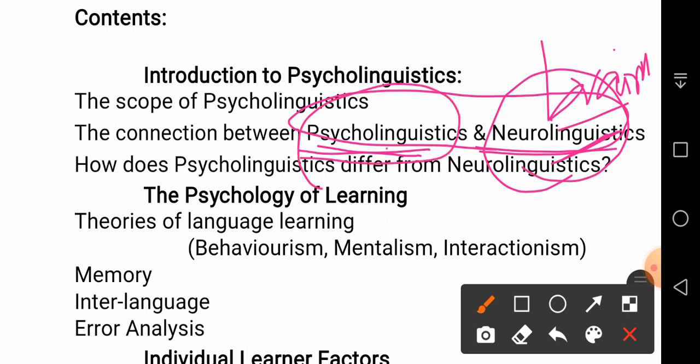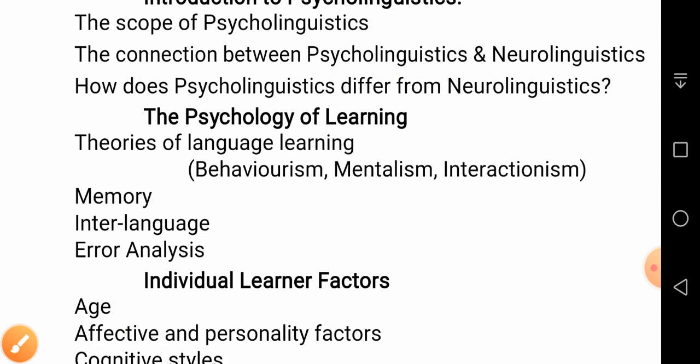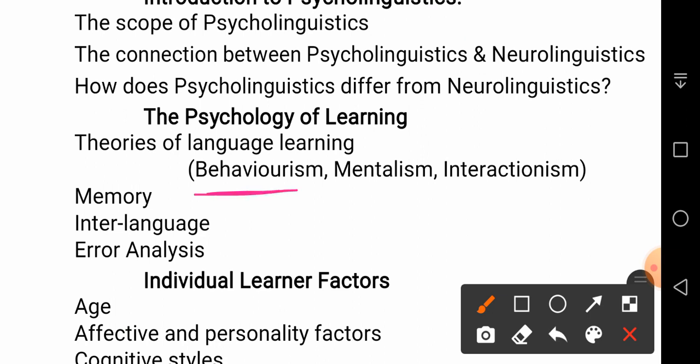Psycholinguistics usually talks about the theoretical aspect of language learning. There are many theories about language learning, as you can see here: behaviorism is one theory, mentalism is another, interactionism is another. They are guesses, they are theories, because these people are linguists, they are not brain surgeons.